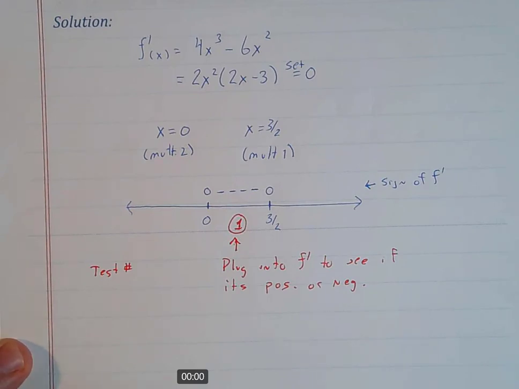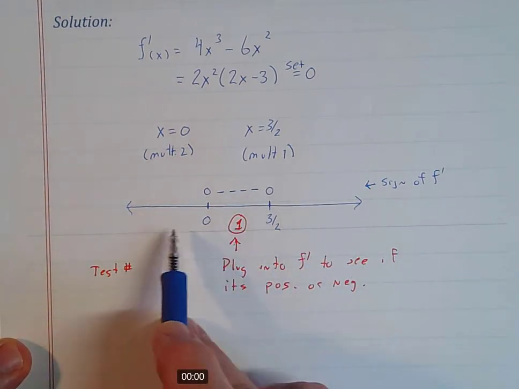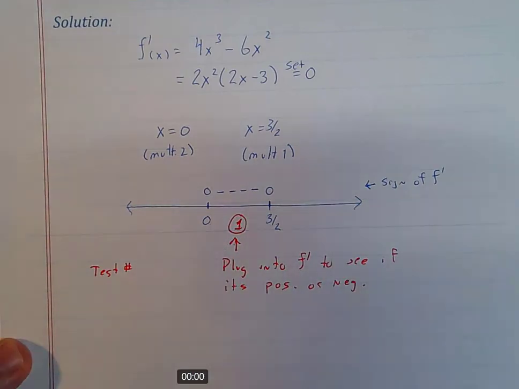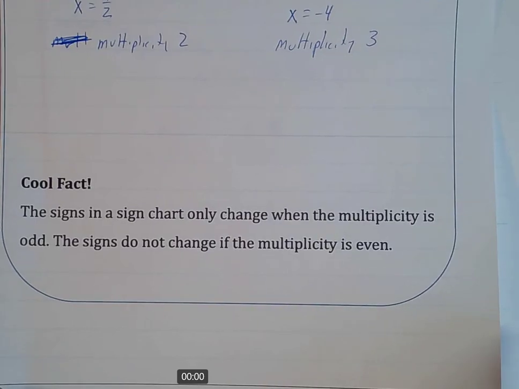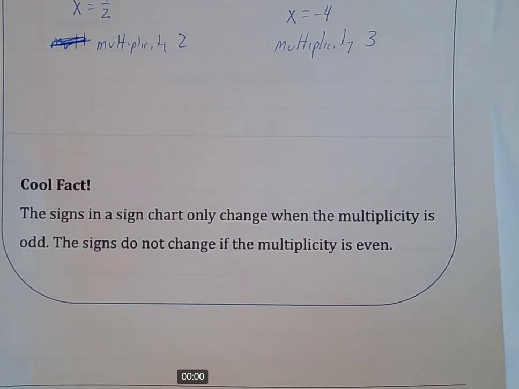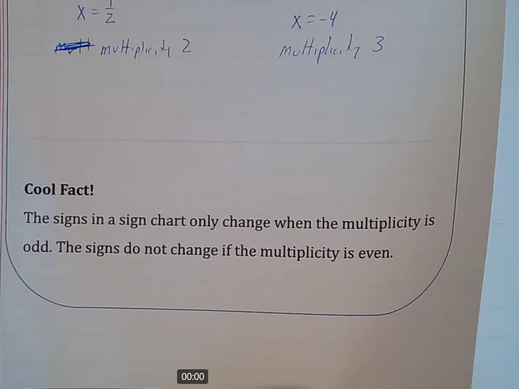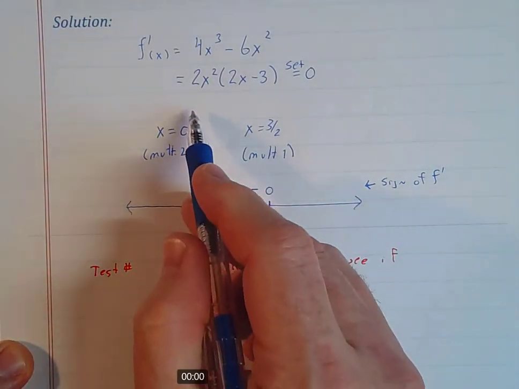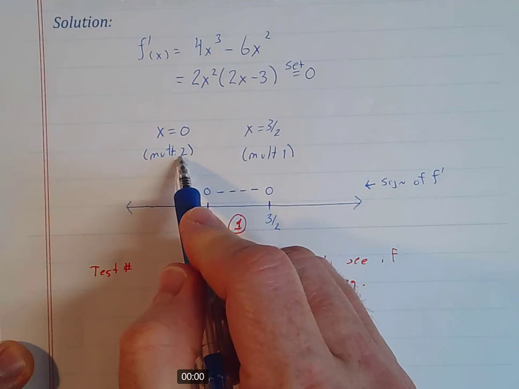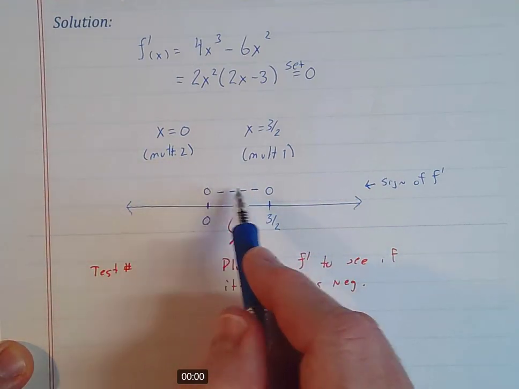That's perfectly fine. But if I go back and remember this cool fact here, the signs only change when the multiplicity is odd. They don't change if the multiplicity is even. So at 0, which has even multiplicity, the signs aren't going to change.